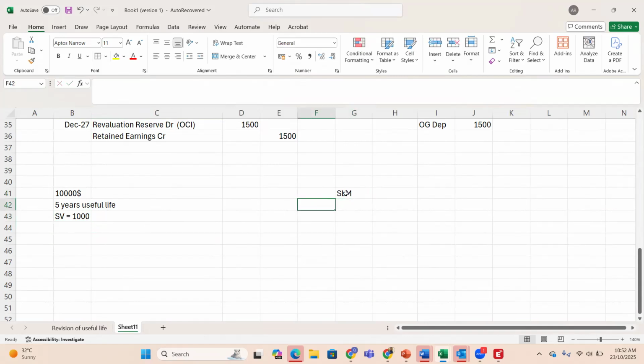How do you do SLM? At the end of year one, what would be the depreciation value? 10,000 minus 1,000, so 9,000.